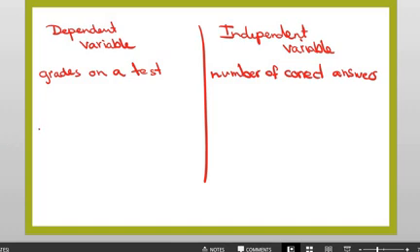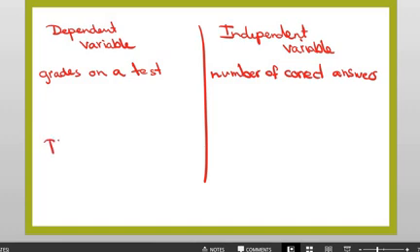The price of a pizza. We have small size, medium size, large size. Okay? The price of the pizza depends on what? The size of the pizza. So the price is a dependent variable. It changes according to the size.